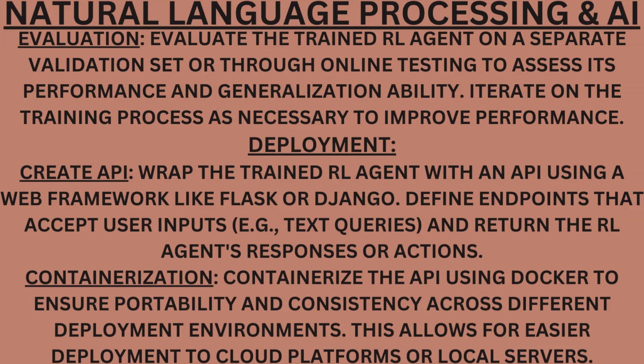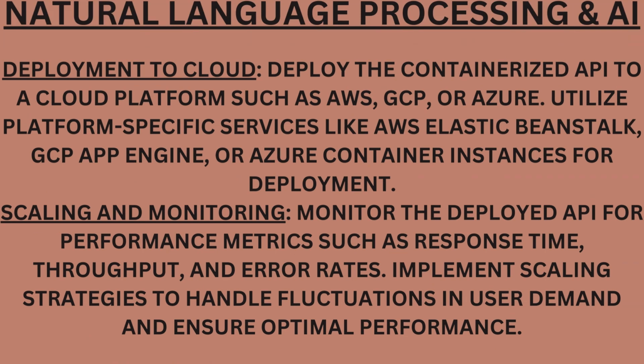This allows for easier deployment to cloud platforms or local servers. Deployment to cloud. Deploy the containerized API to a cloud platform such as AWS, GCP, or Azure. Utilize platform-specific services like AWS Elastic Beanstalk, GCP App Engine, or Azure Container Instances for deployment.